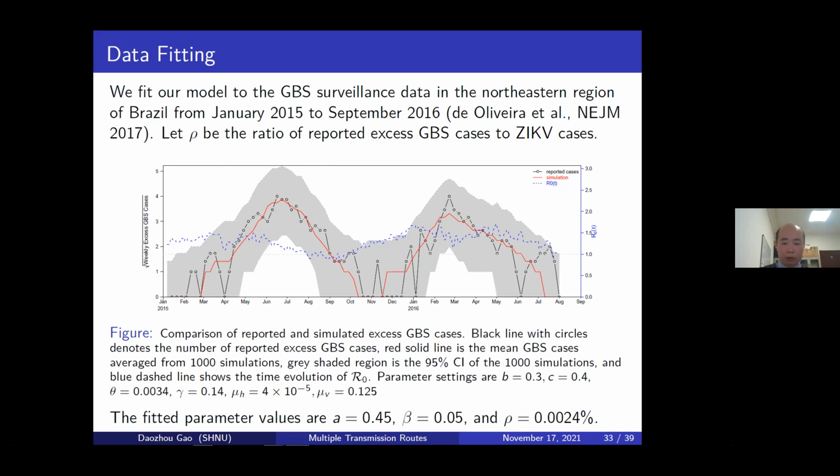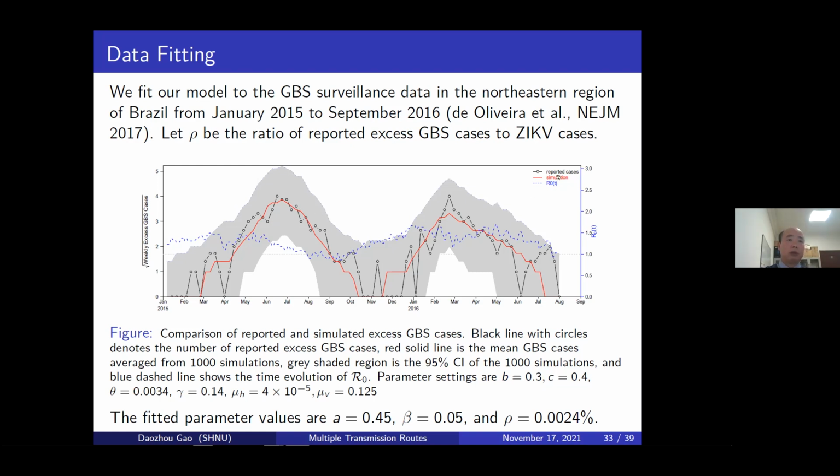Okay, so you can see that the fitting looks good. Here the black dots are the reported cases, and the red curves are the simulated curves.